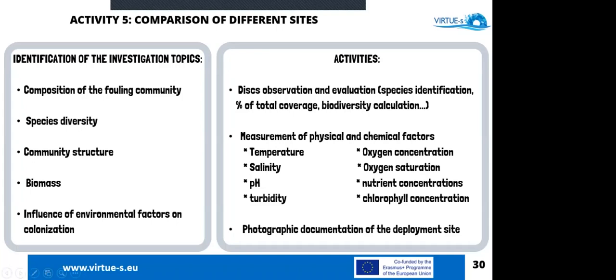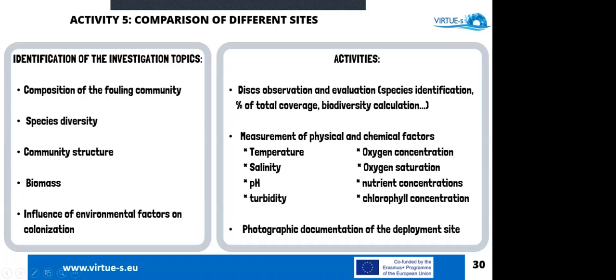To answer those questions, once the disks are retrieved, students can undertake activities of observation of the disk, identification of the species, and calculation of biodiversity indices. So they will have some numbers to compare the disks and to compare information between the two different areas selected.